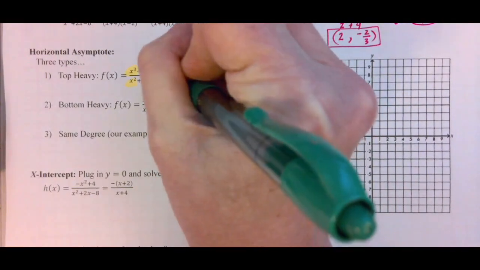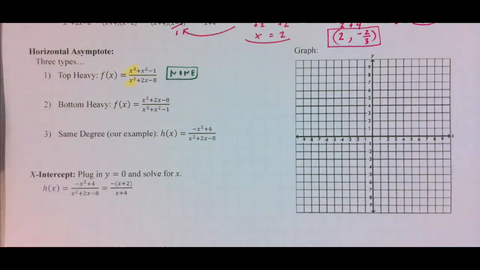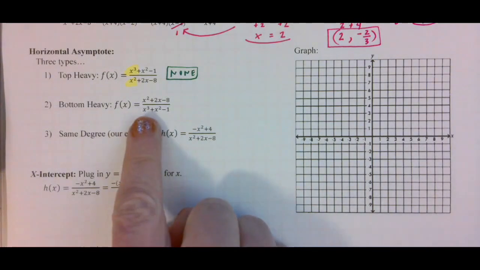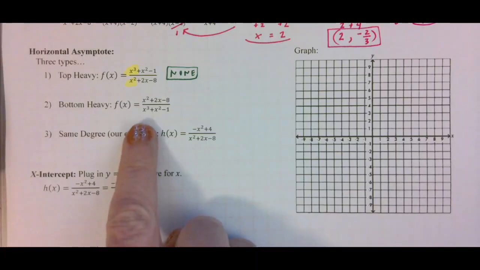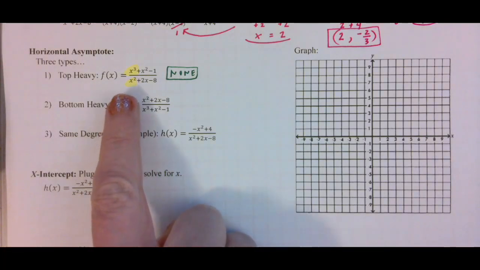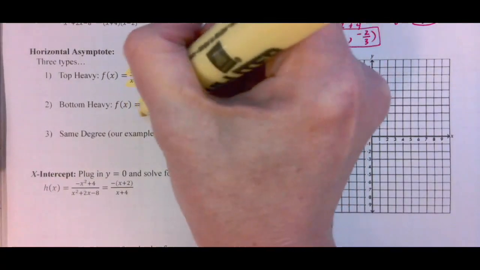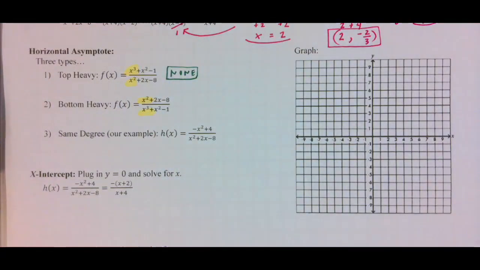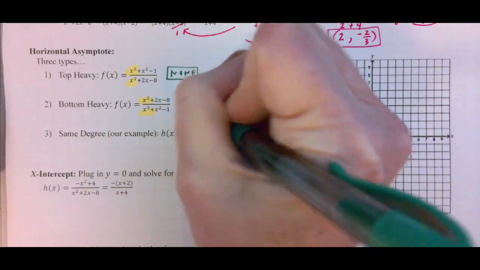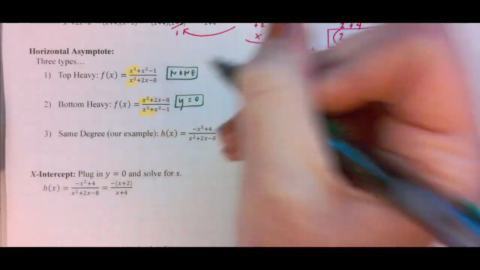None. Okay, bottom heavy, I have a bigger degree on bottom. So in this example, I'm giving you something that is quadratic over something cubic. So bigger exponent on the bottom. Whenever that happens, it's going to be at y equals 0.